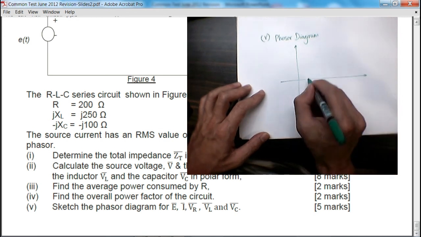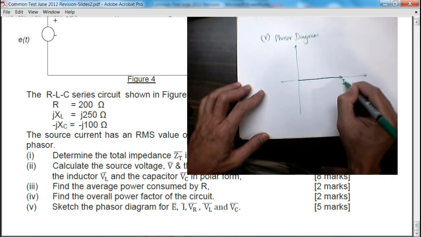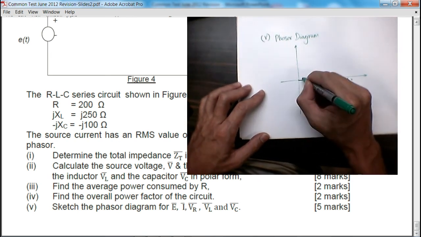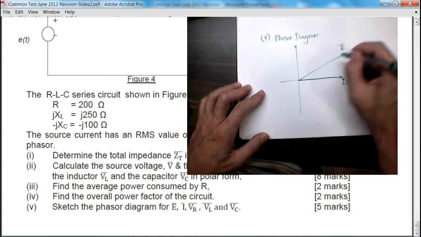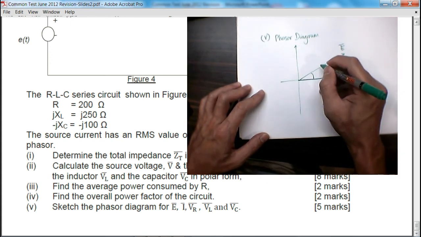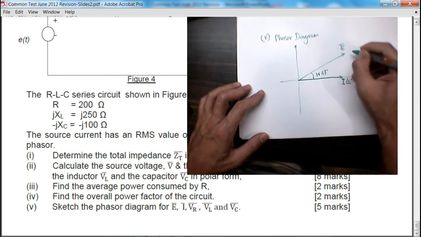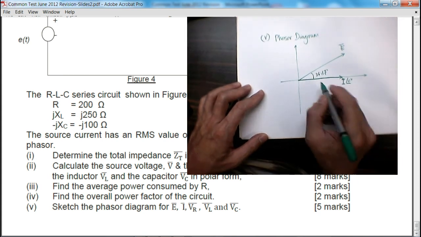Now, current is the reference, so current will be drawn first. So current I is at angle 0. The supply voltage E is at an angle this way, 36.87 degrees.